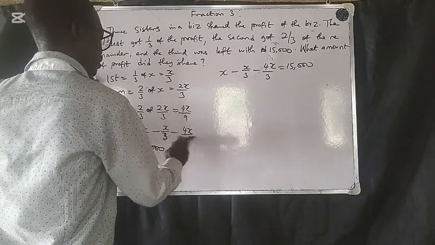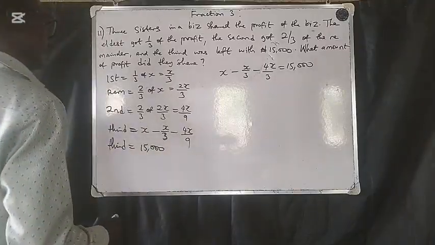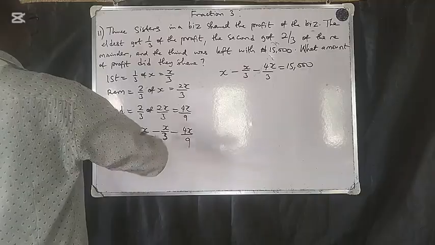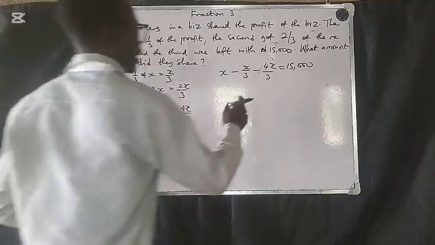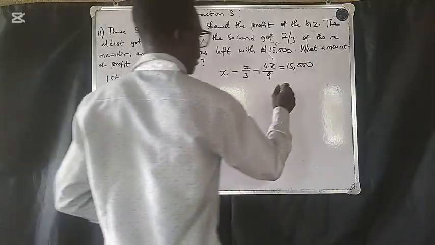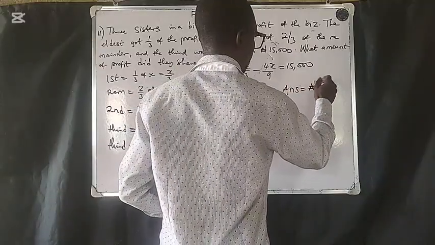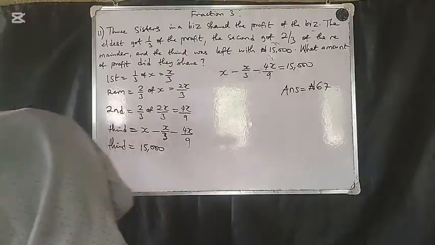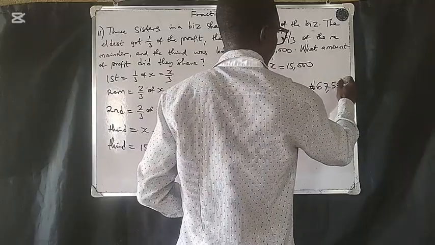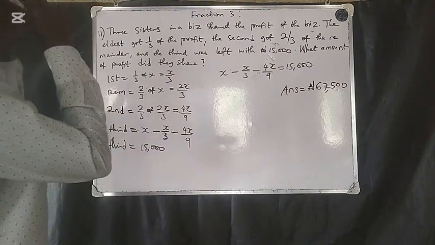This is 9. The first person's share, yes. Second person's share. This is 9. So if you do this one correctly, your answer should be 67,500. So this is similar to question 9.